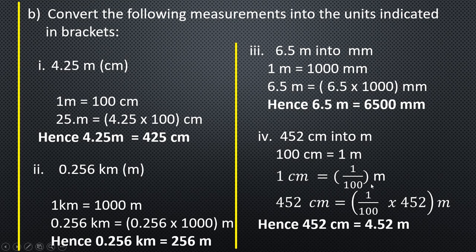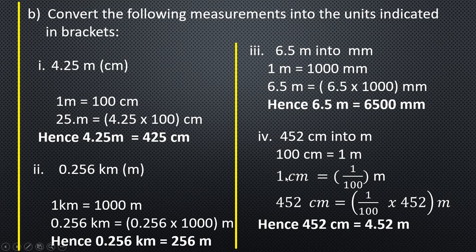Therefore 452 centimeters is equal to 1 over 100 times 452, and we shall get the answer as 452 centimeters is equal to 4.52 meters.